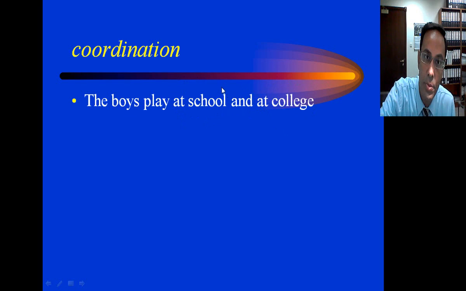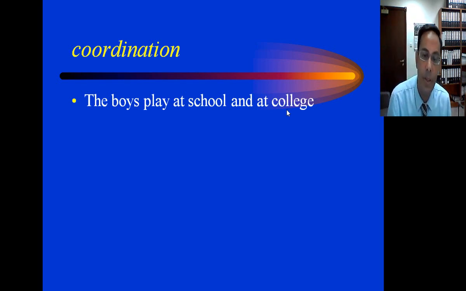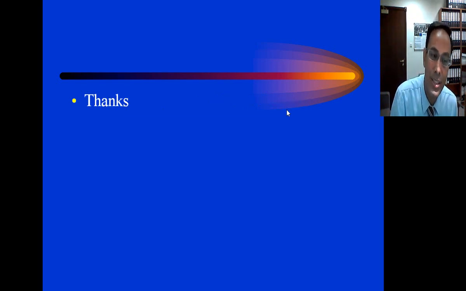This is a prepositional phrase, and this is another prepositional phrase: at school and at college. This means that at school is a unit, a constituent, and at college is another unit, or constituent, and they are coordinated. So we have these tests to give evidence that these words constitute a unit, or a constituent. Thank you for listening.